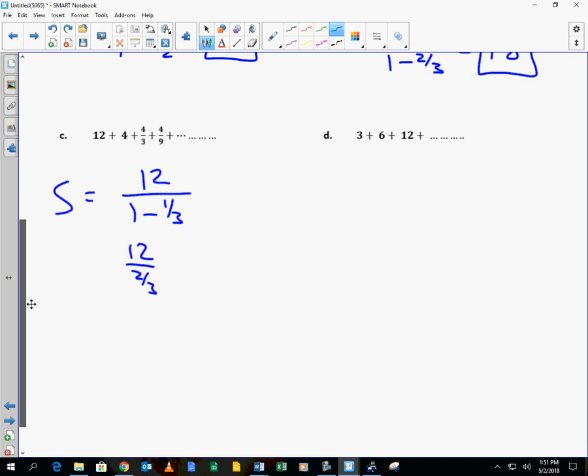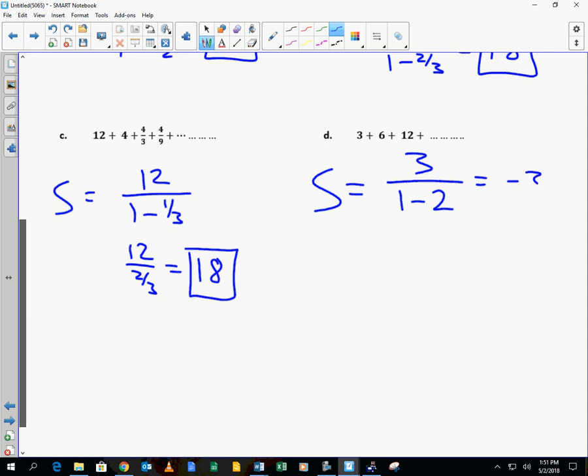Multiplied by 3/2 gives you, yep, very good, 18. And the last one, S is equal to, what's the first term? 3 divided by, what's 1 minus 2? So you get, very good.